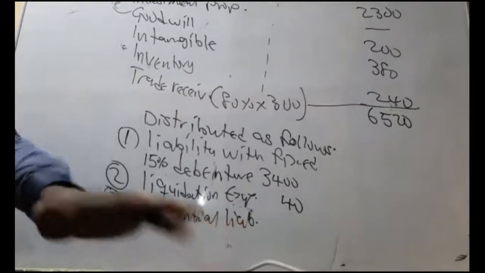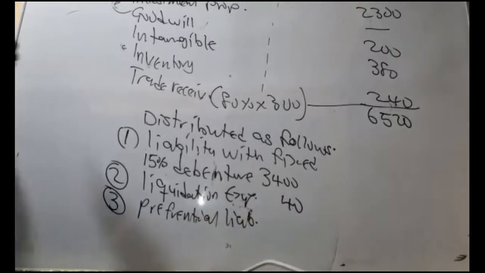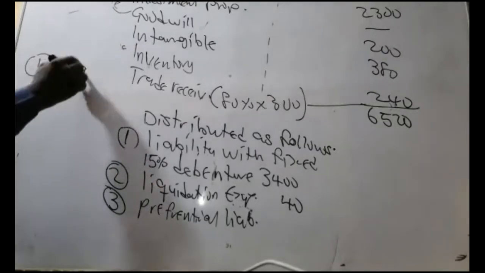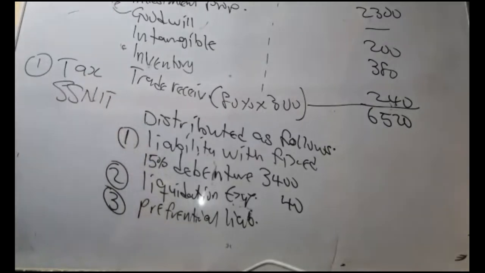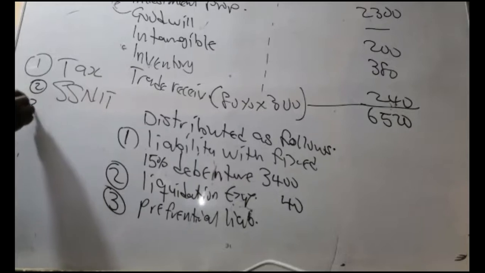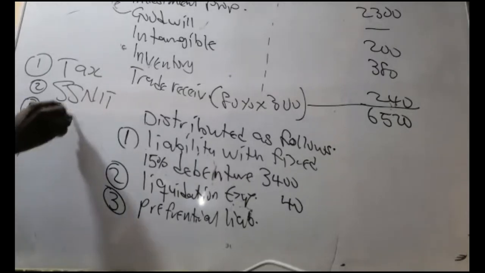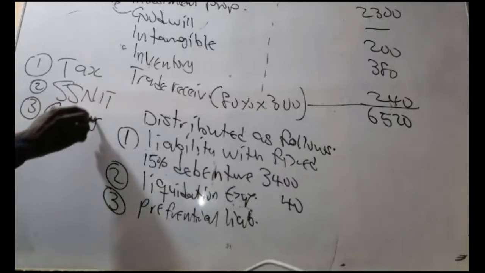Examples of preferential liabilities are, first, statutory owings. Statutory owings is what is owed to the government, such as tax, statutory insurance, or you owe your employees wages and salary, owings to employees.